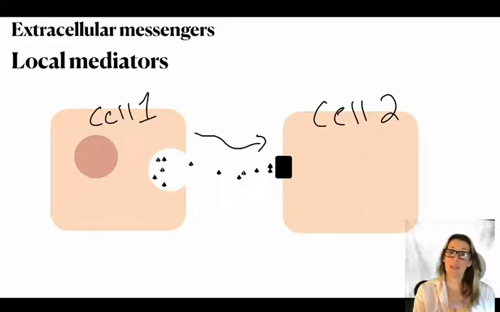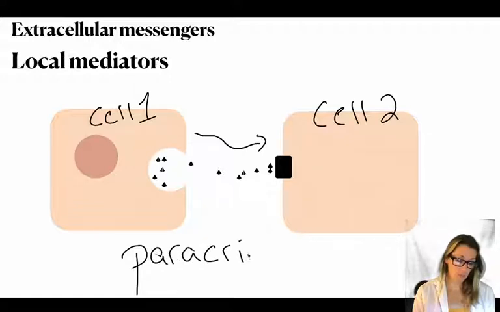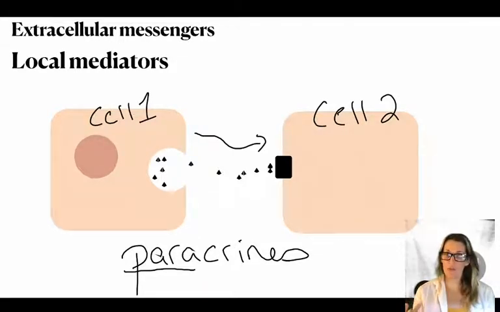They're being released by cell 1. They're having an action on cell 2. When that's the case, these are called paracrines. And the way I sort of remember this is that para sounds like a pair of, so there are two cells involved. Paracrines are extracellular messengers that are released from one cell and have an effect on another cell. This cell that they have an effect on is in close proximity.